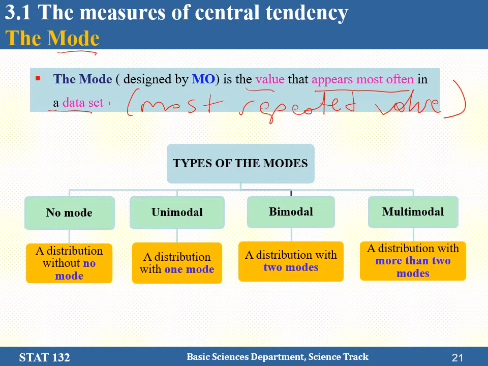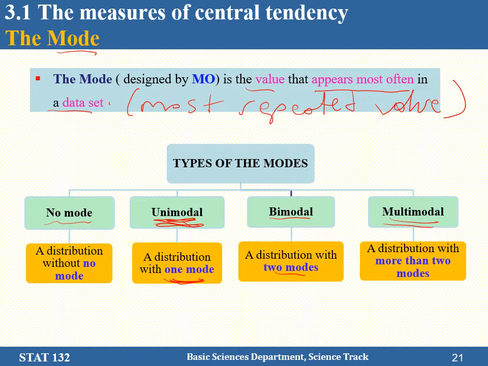If there's no mode, the distribution has no mode. If it has one mode, we call the distribution unimodal. If a distribution has two modes, we call it bimodal. And if we have more than two modes, it will be a multimodal distribution.